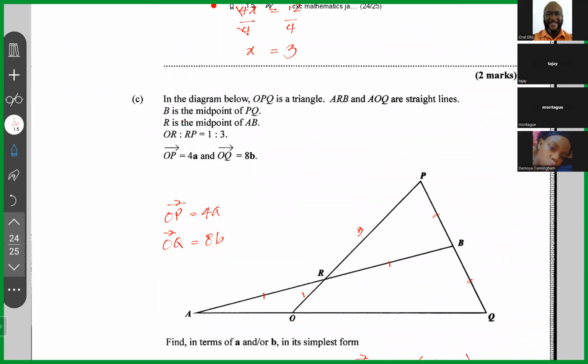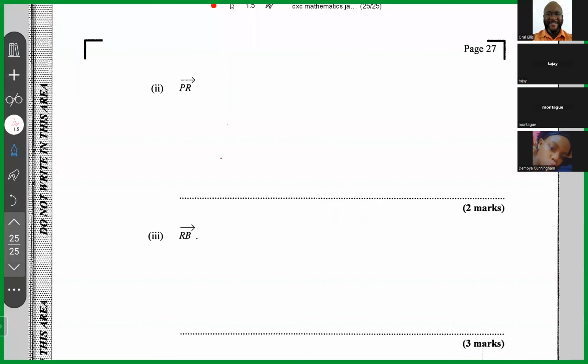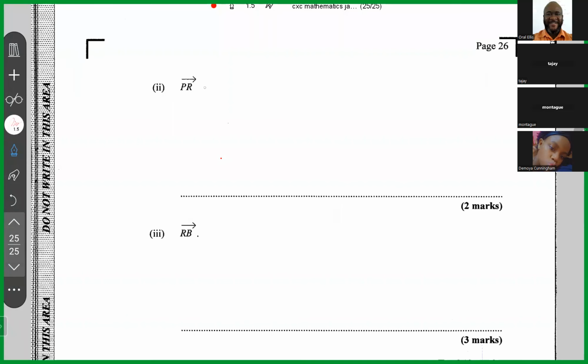PR, since OR is 1/4, RP would be 3/4. So PR would be minus 3/4 of OP. Minus because it's going in the opposite direction of OP.